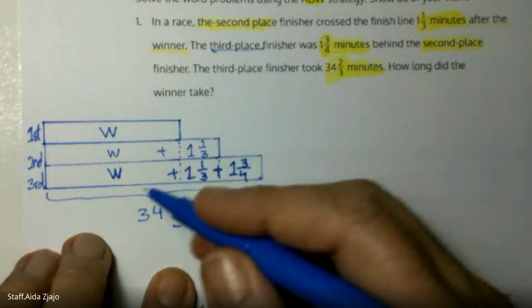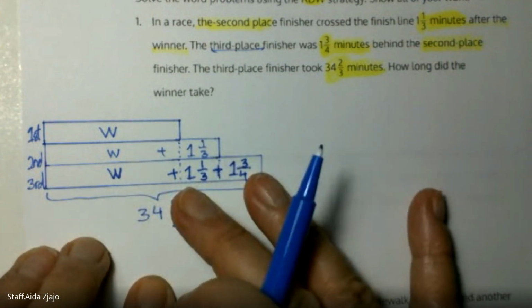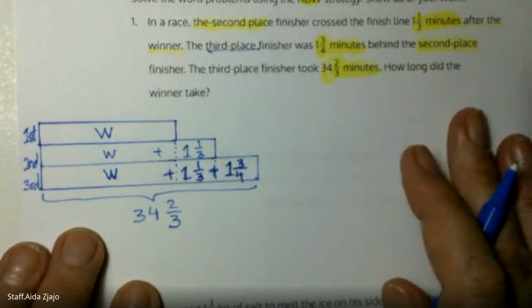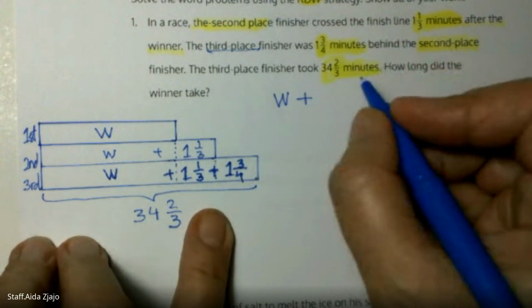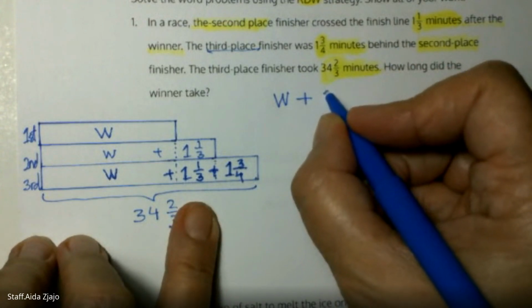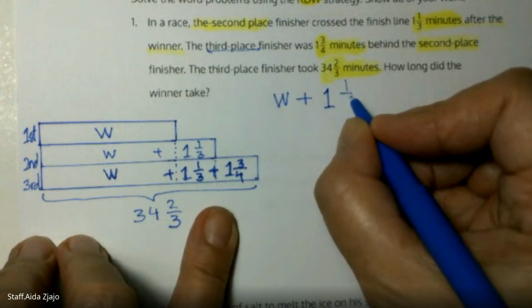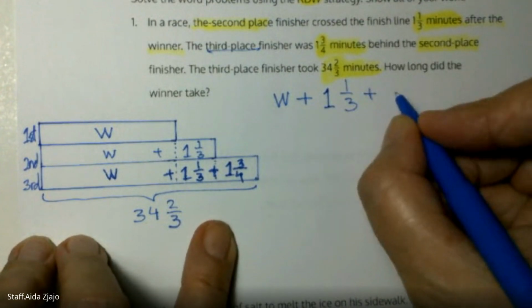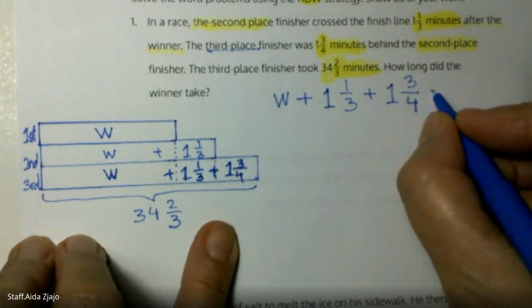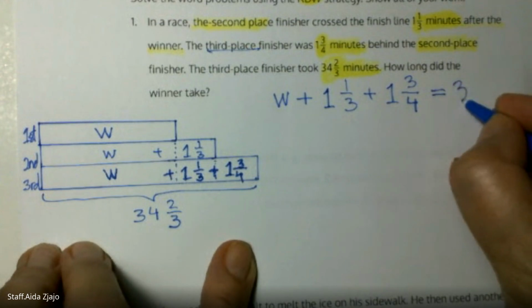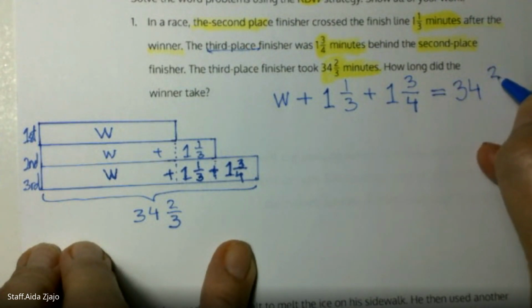So when we take this picture into the equation, we can say, winner plus 1 whole and 1/3 plus 1 whole and 3/4 must equal 34 minutes and 2/3.